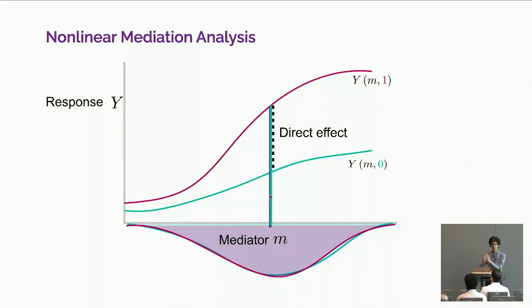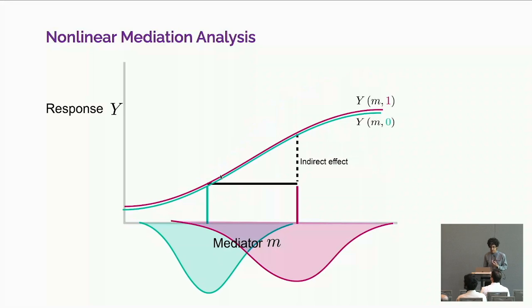You never actually observe the person under both the treatment and control, but you can imagine the counterfactual curve, what they would have gotten under that value of the mediator, under that value of the treatment. A direct effect is: for a fixed value of the mediator, do you have any difference in your outcome? That vertical gap is the direct effect. When you talk about the average direct effect, it's just averaging the vertical gaps across this curve.